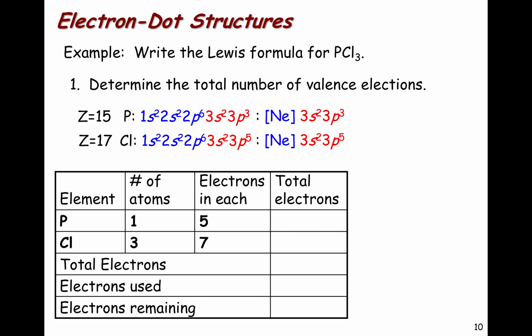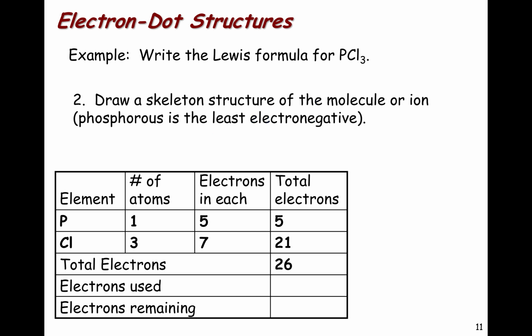This gives us then a total number of electrons of multiplying the number of atoms times the number of valence electrons. In the case of phosphorus, there's only 5. In the case of chlorine, there's 3 times 7, or 21. So we add those together, we come up with the total number of electrons at this stage of 26.